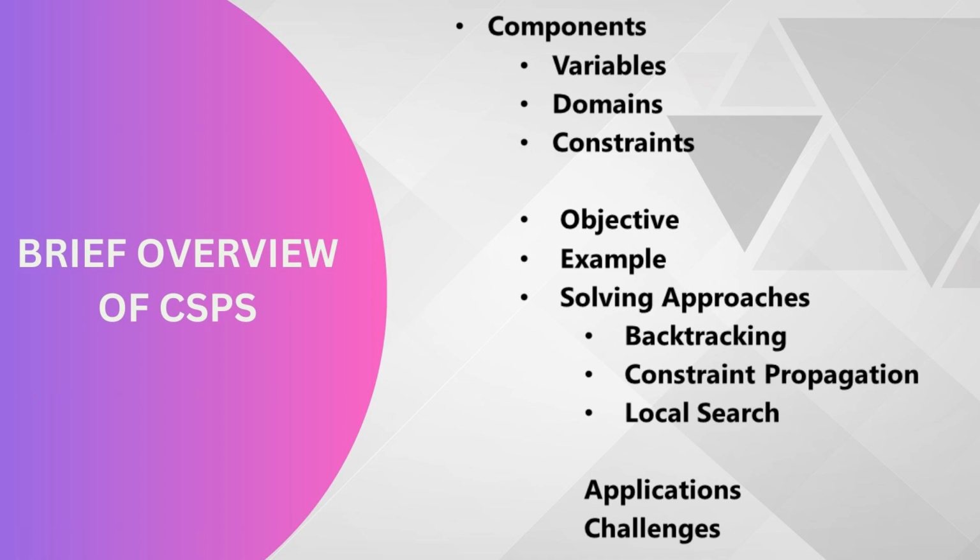Next is constraints: constraints are restrictions or relationships that specify which combinations of variable values are valid or allowable. Second, objective: the objective of solving a CSP is to find an assignment of values to variables that satisfies all the given constraints. The goal is to find a solution that respects all the conditions imposed by the constraints.